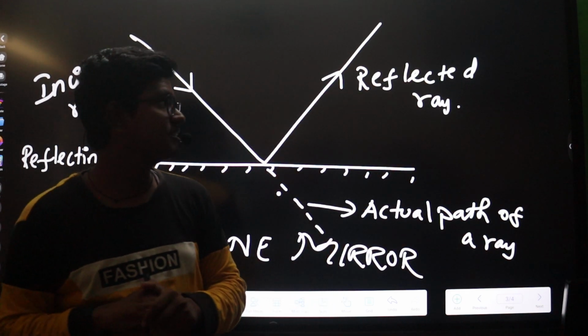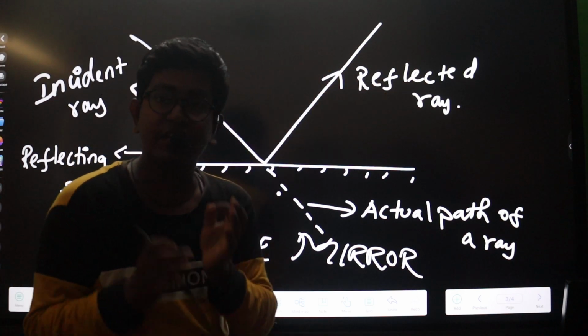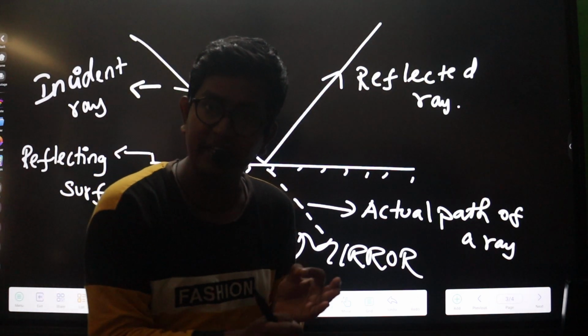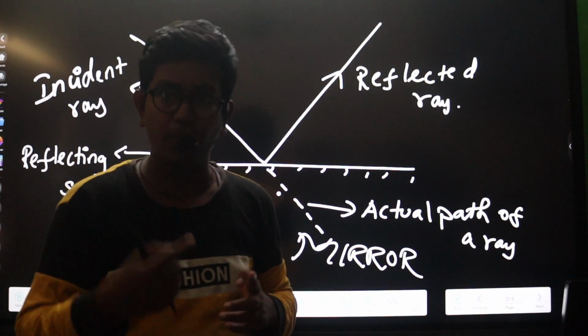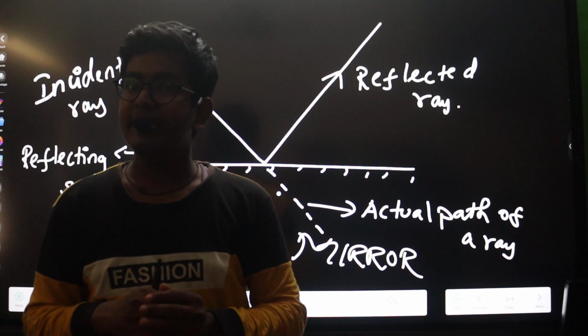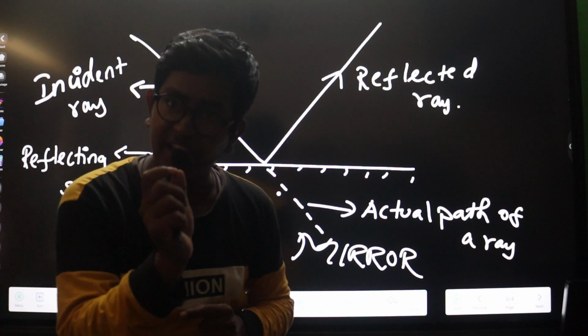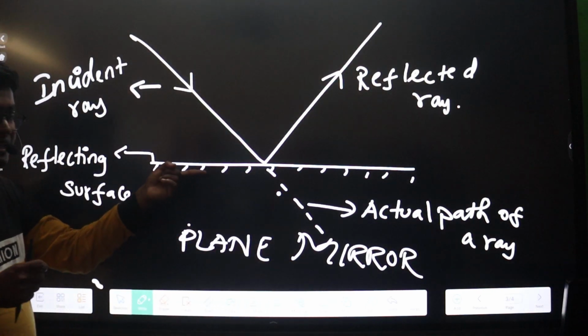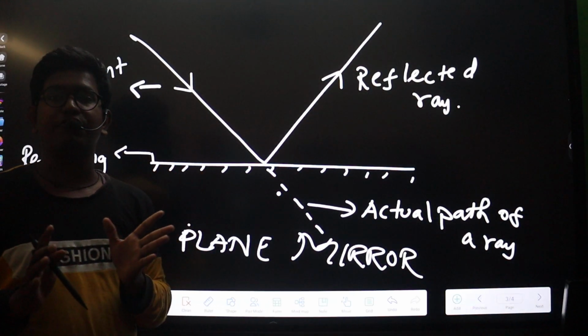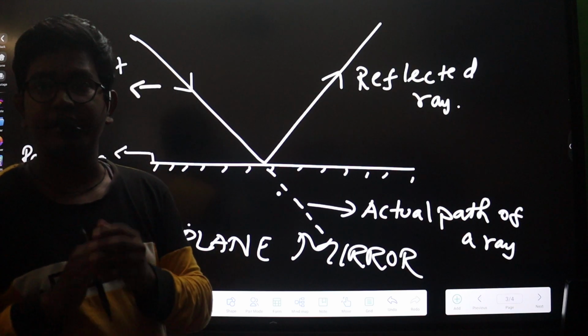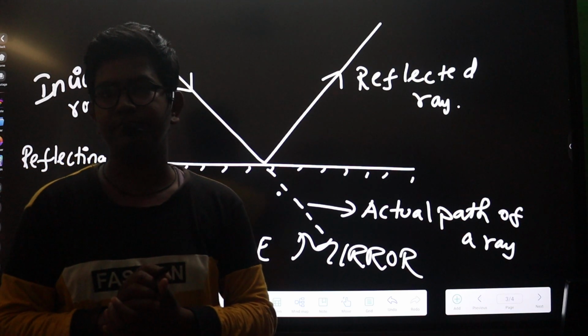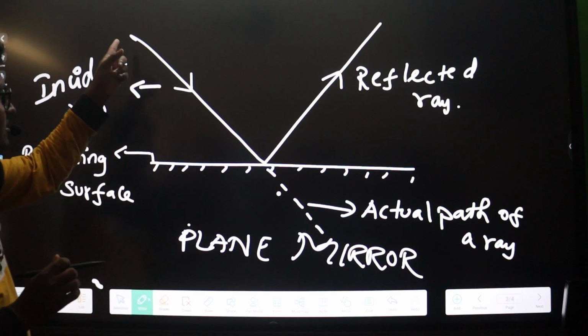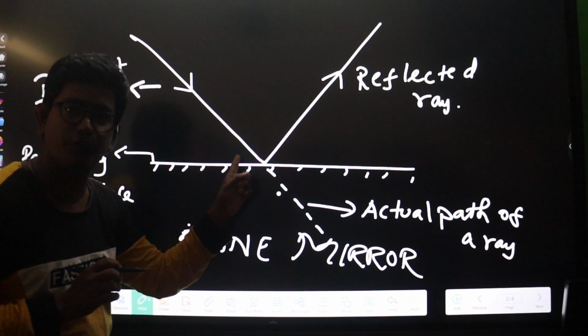So you should understand the statement of a reflected ray. A reflected ray can be seen only after the reflection phenomena, right? Incident ray, we can say a ray is an incident ray only when it is striking the reflecting surface of any mirror or any optical system. Right, so here as you can see, this ray is striking the reflecting surface of a plane mirror.